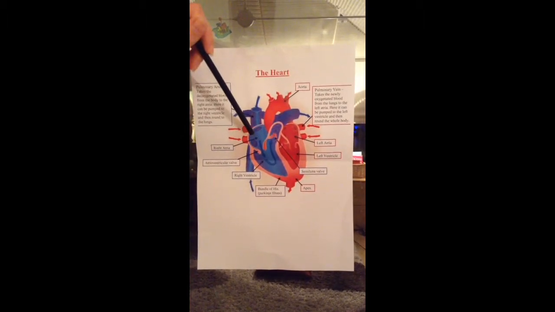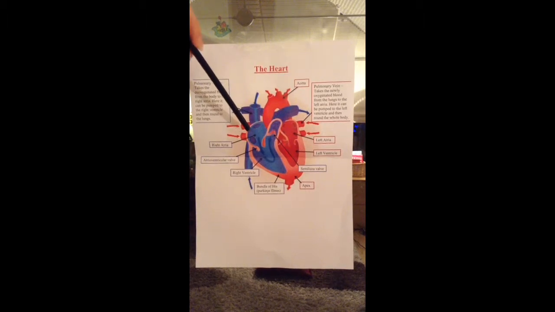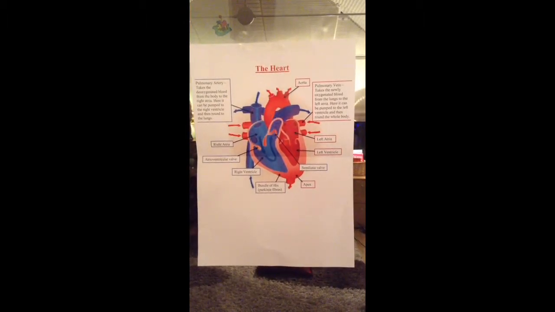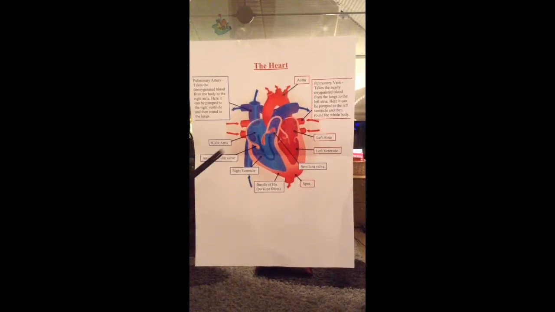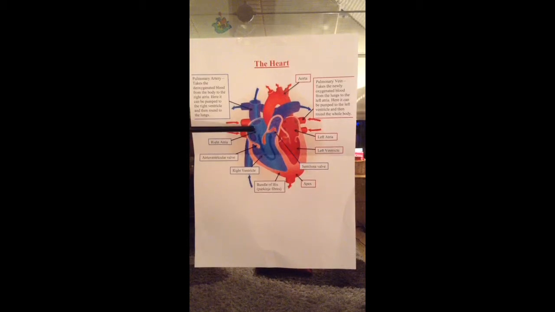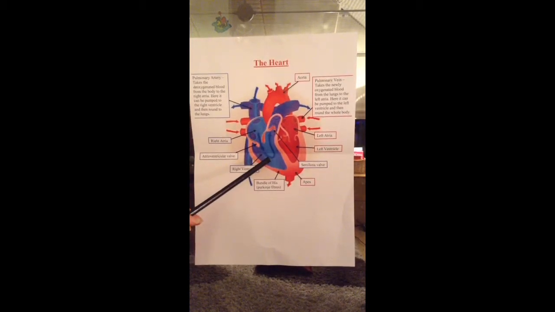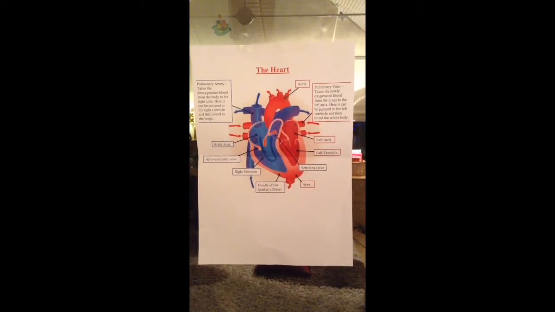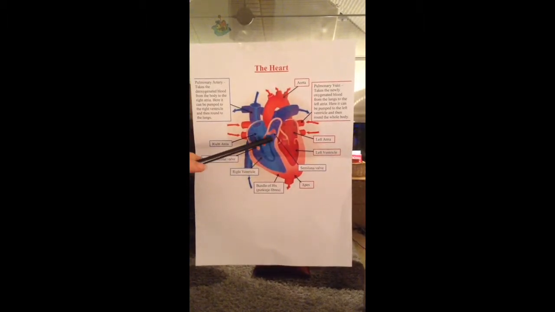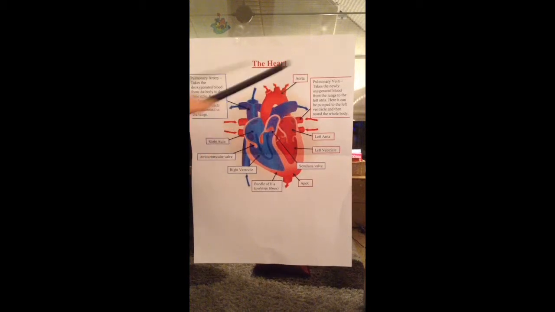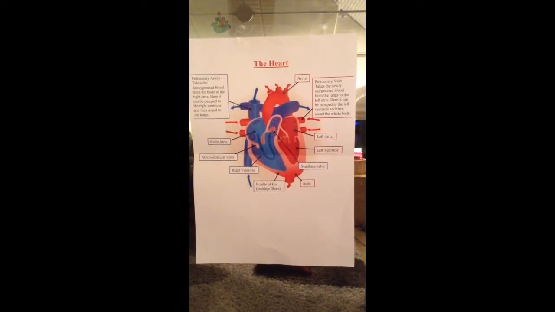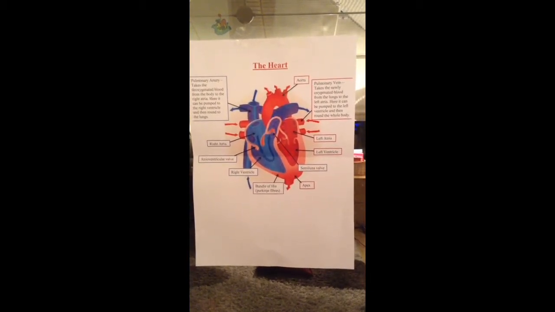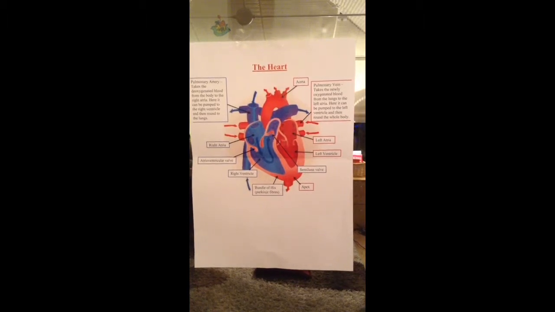So when the atria is contracting, this is called systole, the pressure will increase in the atria, causing the atrioventricular valve to open, and the blood will flow into the ventricle. This will then go through systole, it will contract, pressure increases, semilunar valve opens, and the blood will go out through the vessel around the body. So that's the basics of how that works.